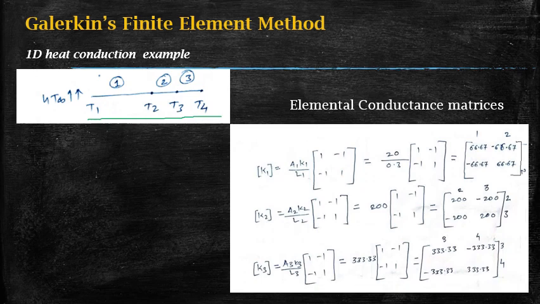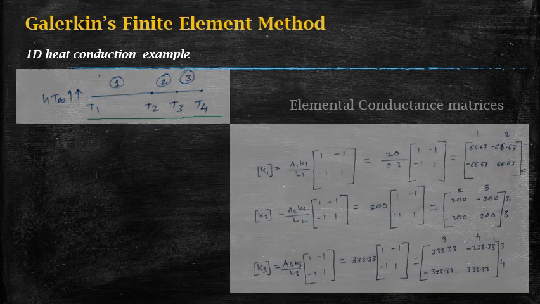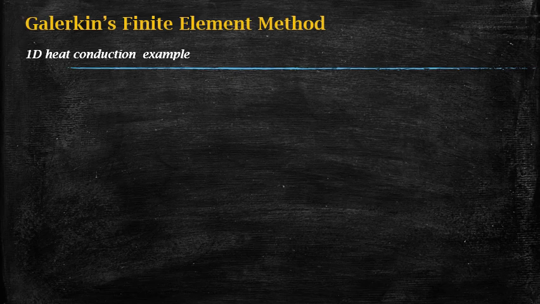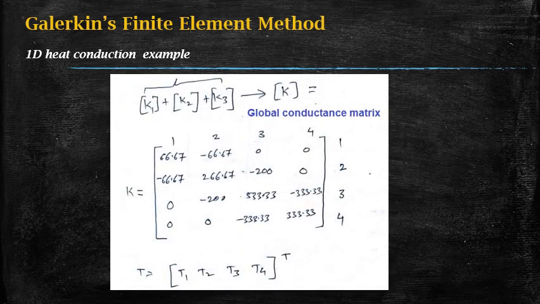You can easily find out these values K1, K2 and K3. Once you have found out K1, K2 and K3, you can assemble this to get the global matrix, which is shown here.